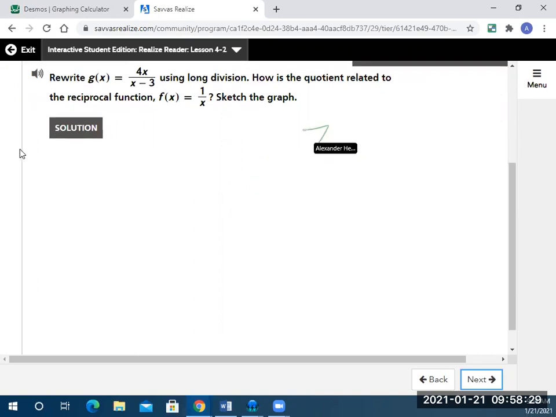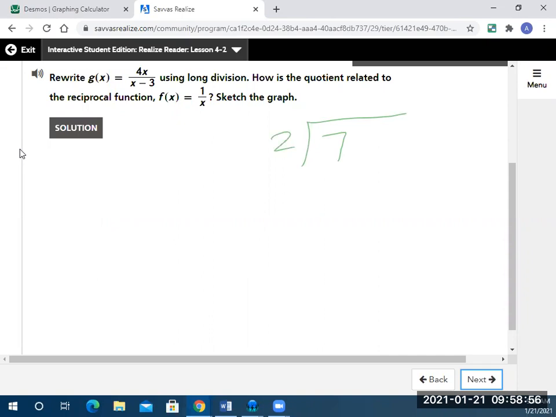You guys know off the top of your head what 7 divided by 2 is, right? 3.5, or if you write it as a mixed number, it's 3 and then 1 over 2, right? All right, so I'm going to show you guys how you get that answer using long division. So we're dividing 7 by 2, right?